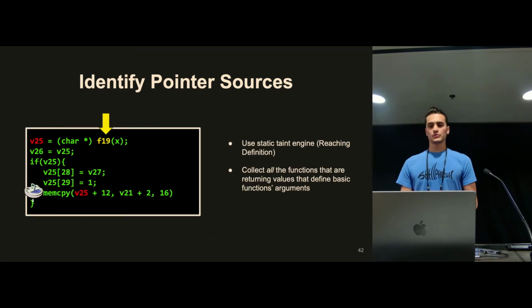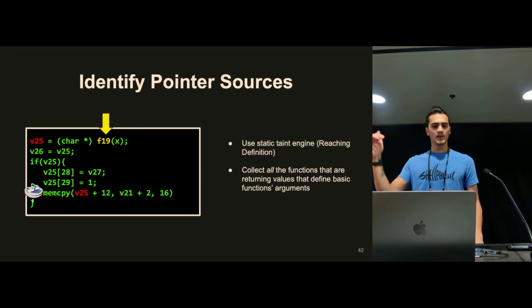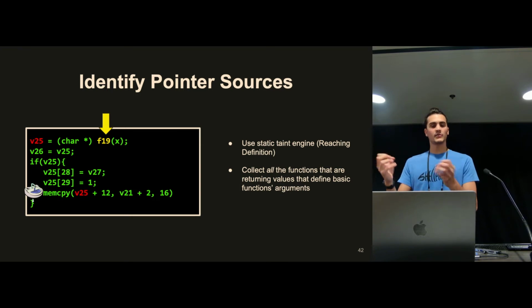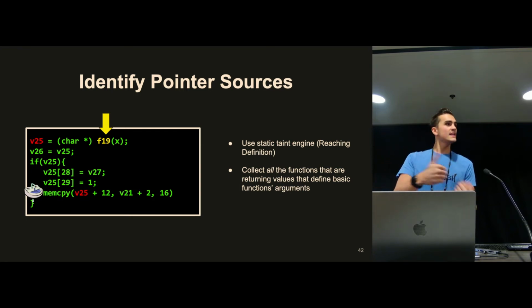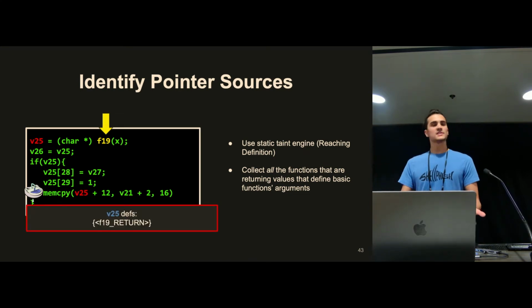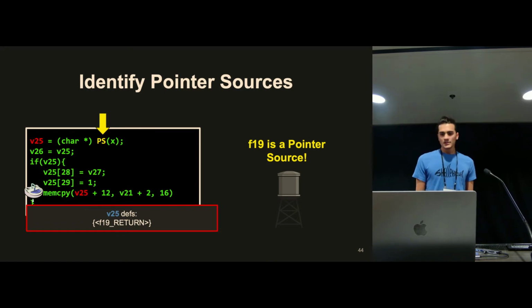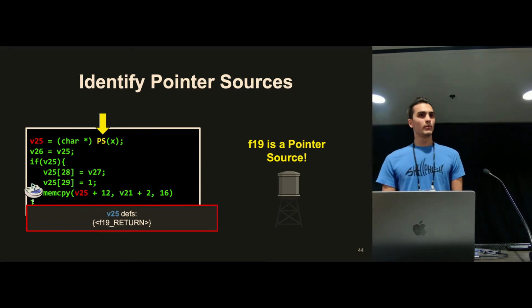To identify pointer sources, we use a static taint engine based on reaching definitions, and we run this analysis in an interprocedural way to connect different points of the blob and see if there is any flow of a static definition returning from any function that defines any argument of one of the basic functions we identified at the previous step. Again, in this case, F19 is creating a static definition, let's call it F19 return, that defines the first memcpy argument. So in this case, we call F19 a pointer source.